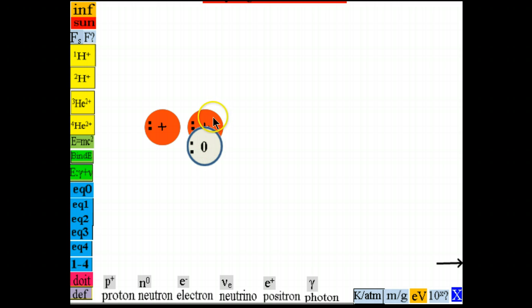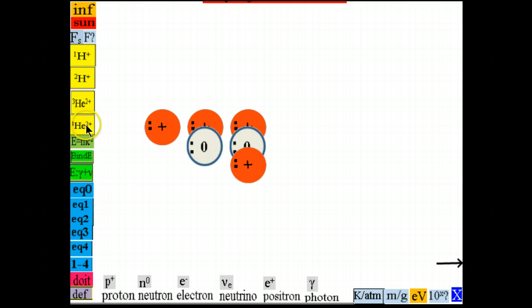So two subatomic particles in the nucleus, but one of them is only a proton. Helium is a different element than hydrogen, and we know that helium has two protons, and the 3 means that it must have one neutron.